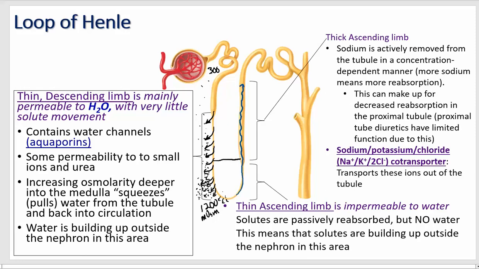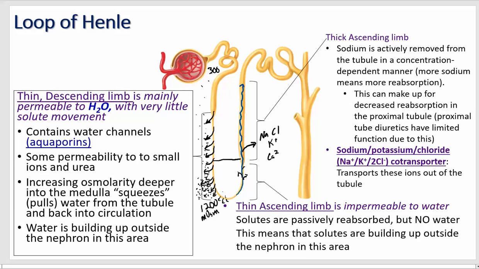All right, so solutes are passively reabsorbed here, but no water, so that means that solutes are building up outside the nephron in this area. So our particles can move out, but not the water. And that's just in that early part. Then we get into the thick ascending limb, and then we start really pulling solutes out. So sodium is being pulled out, chloride, potassium, even things like calcium and phosphates.